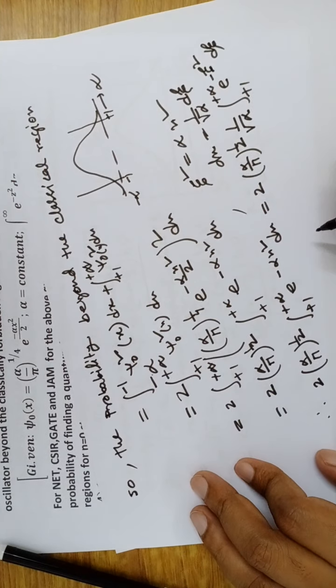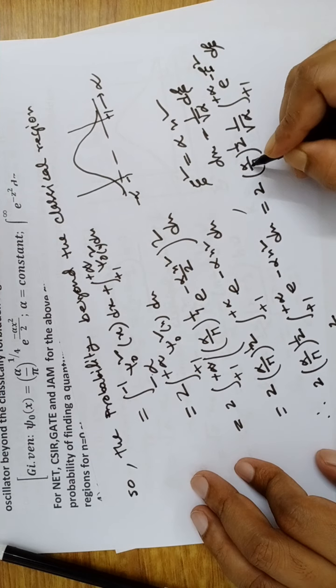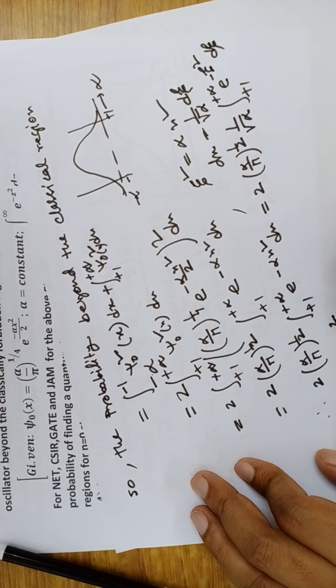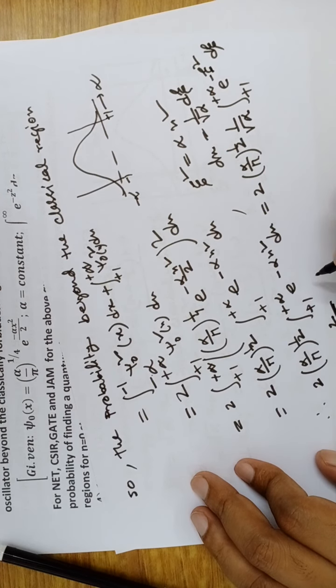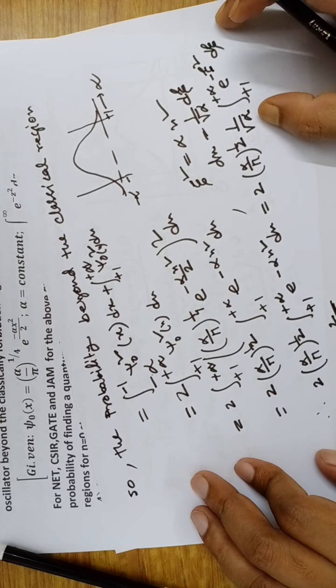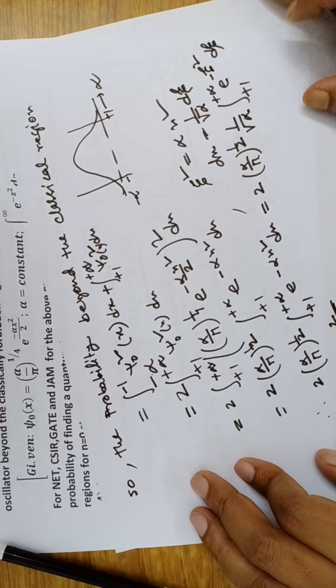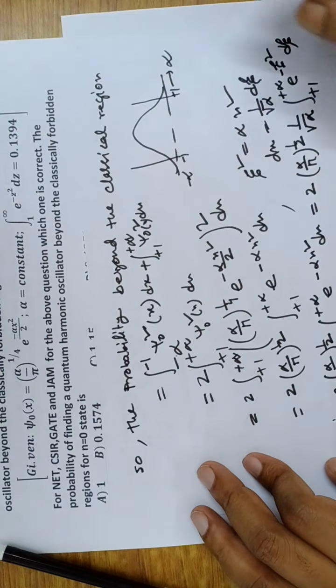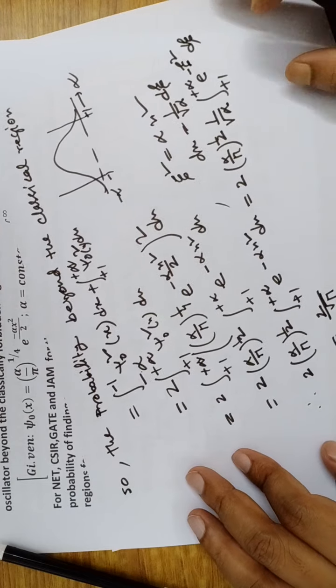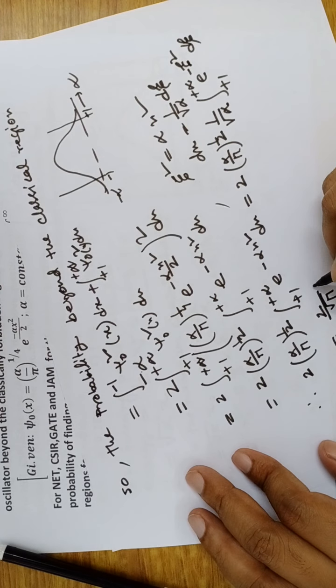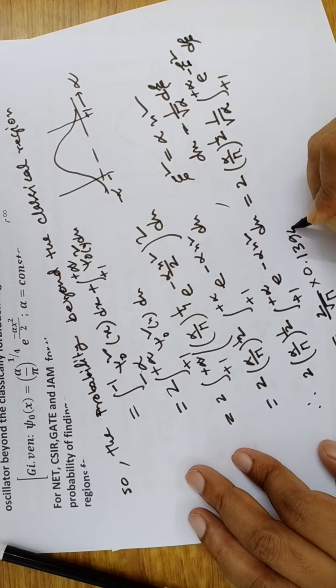Okay, this is equal to 2 by root pi into this given value. There is a given value, 0.1394, equal to 0.1394.